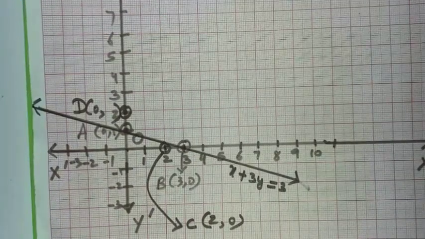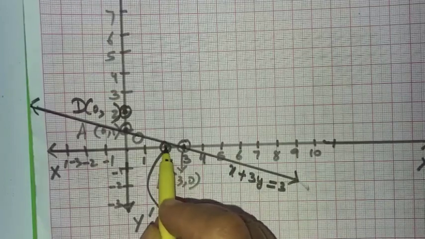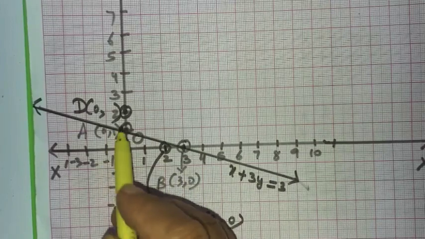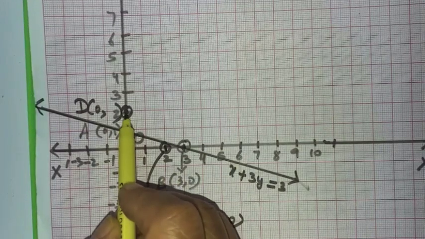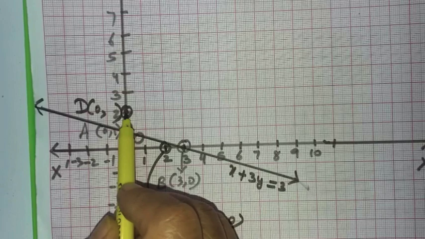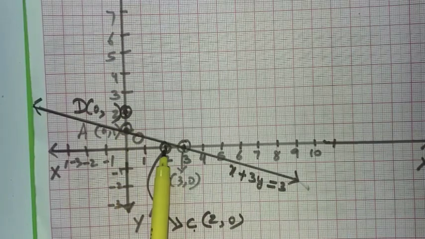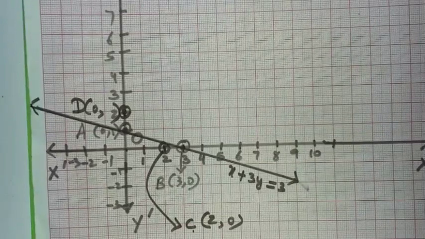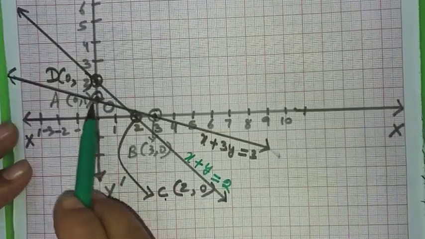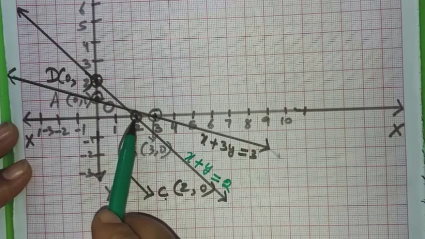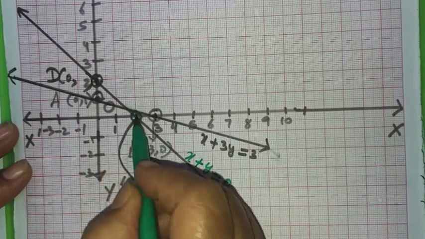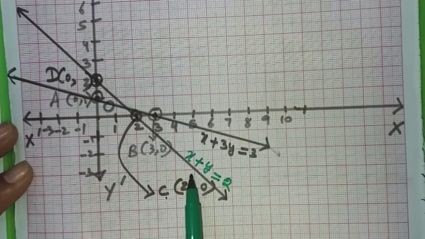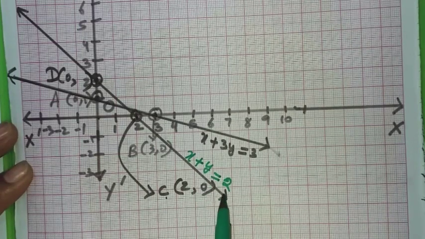Now you can see this point 2, 0 lying on x-axis, it is point C, and this point 0, 2 lying on y-axis, this is point D. So I will join the points C and D with the help of a scale. So you can see I have joined the points C and D, and I got this line, and the equation of this line is x plus y is equal to 2.